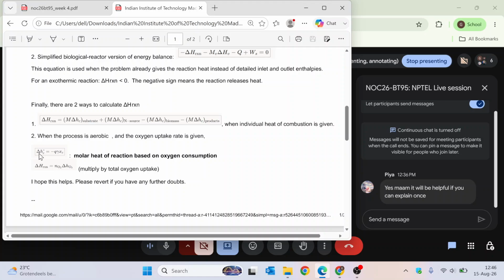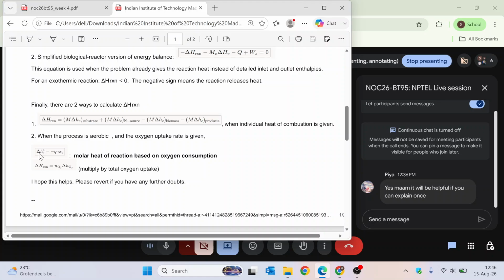In all other cases, either you are directly given the del heat of reaction itself, or you will be given the specific enthalpy of your reactants and products as well as the mass of reactants and products entering and leaving the system respectively. So you have to multiply these values to find out the del heat of reaction.